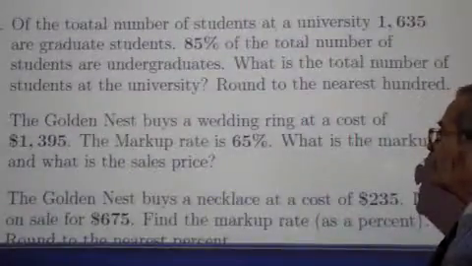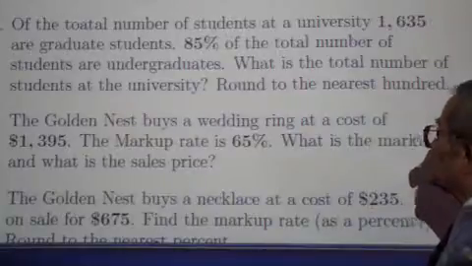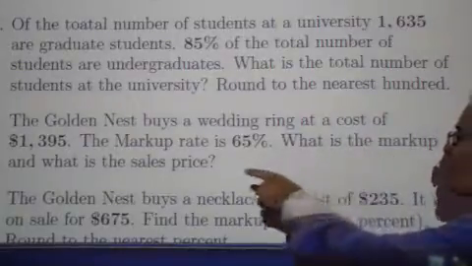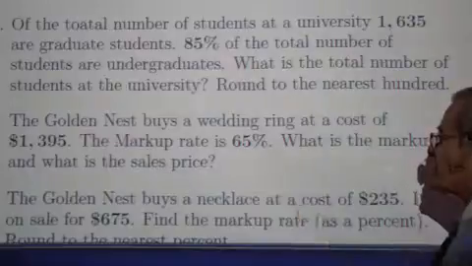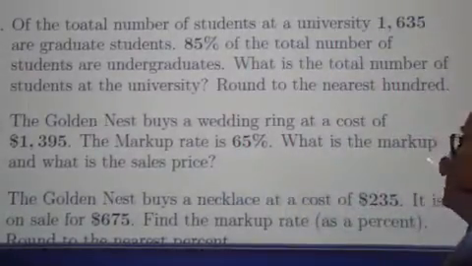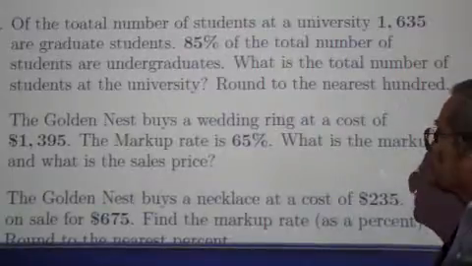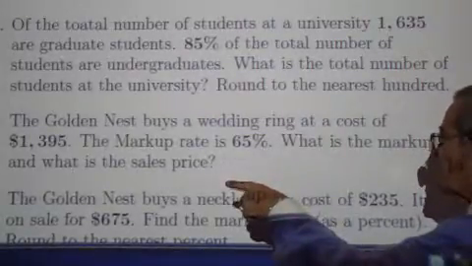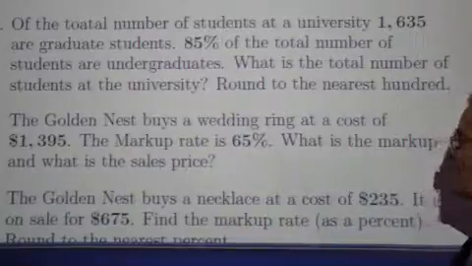At the Golden Nest, you buy a ring at a cost of $1,395. The markup rate is 65%. What is the markup and what is the sales price? $1,395 and 65% marked up.